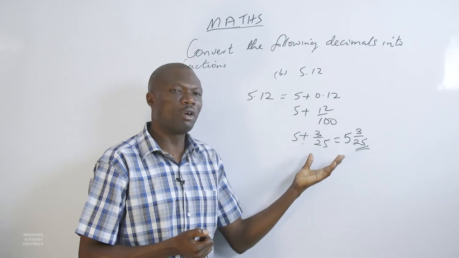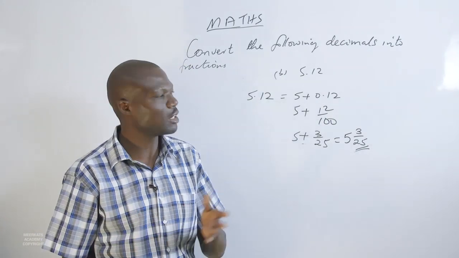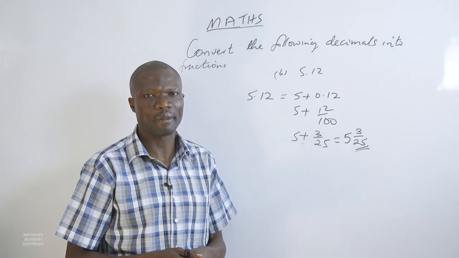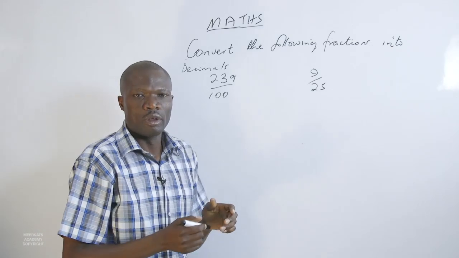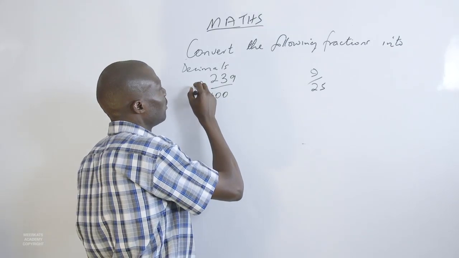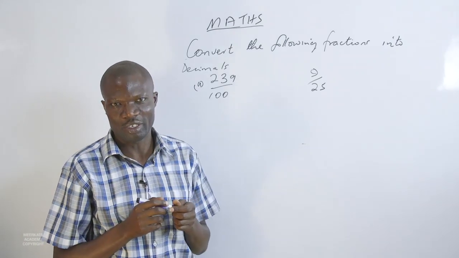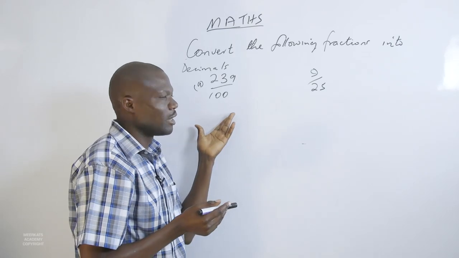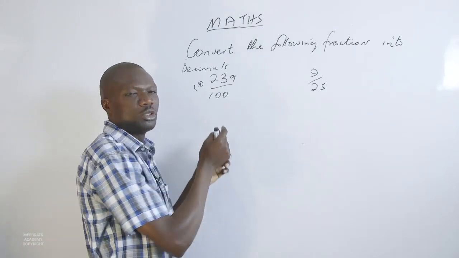So we've been able to use the simple knowledge of just counting the number of decimal places, and the same goes for the zeros at the denominator. Now we have to convert 239 divided by 100. I told you, for the denominator, if it's a power of 10, count the zeros. 1, 2.